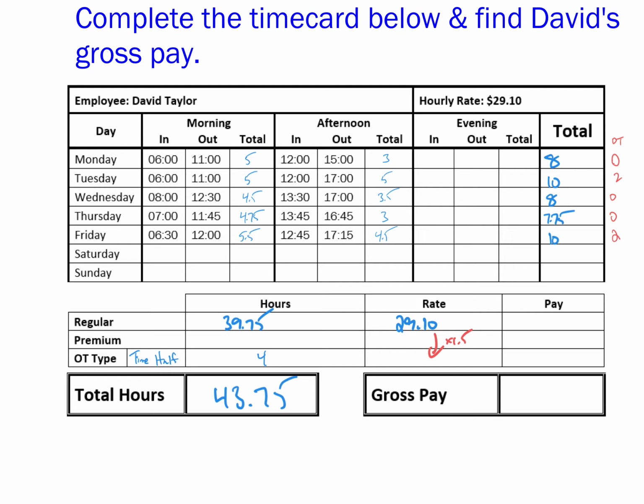What do we get? 43.65. And then what we'll do is we'll figure out the regular pay and the overtime pay.